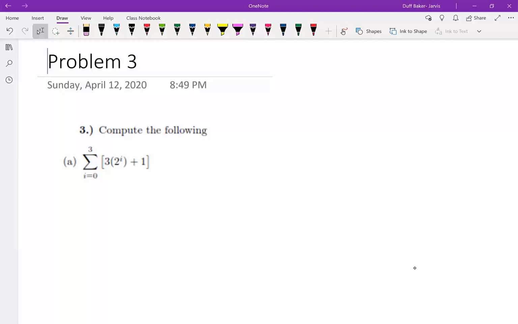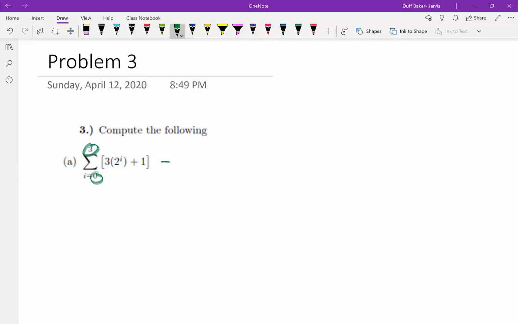Okay, so summations, remember, are just sort of shorthand for adding up a bunch of things. And the things you add up are you plug in the various i's, starting at the bottom, increasing by 1 until you get to the top, right?